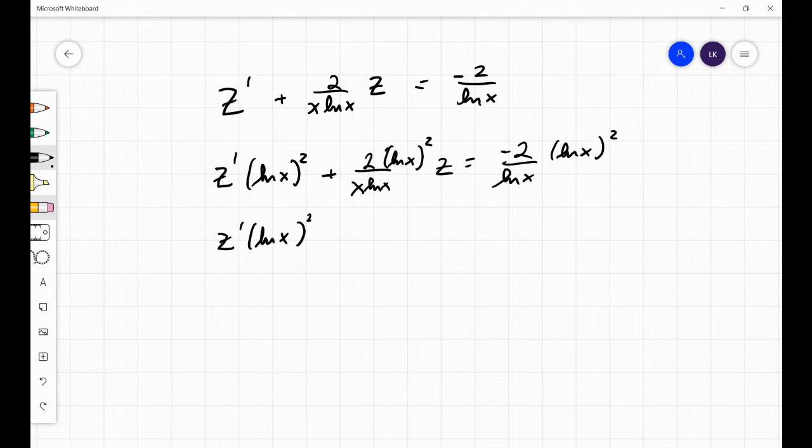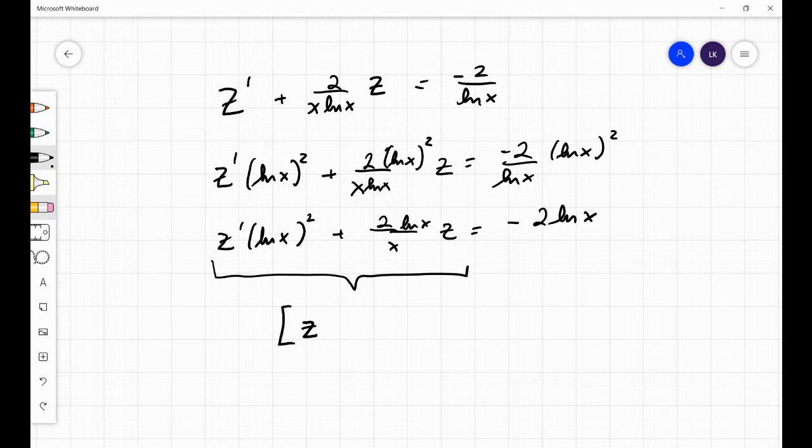And by design of the integrating factor, the left-hand side over here is the result of applying the product rule for derivatives to z times the integrating factor. And you can double check that it's indeed the case. It's by design of the integrating factor, so it's exactly what you should expect to happen.